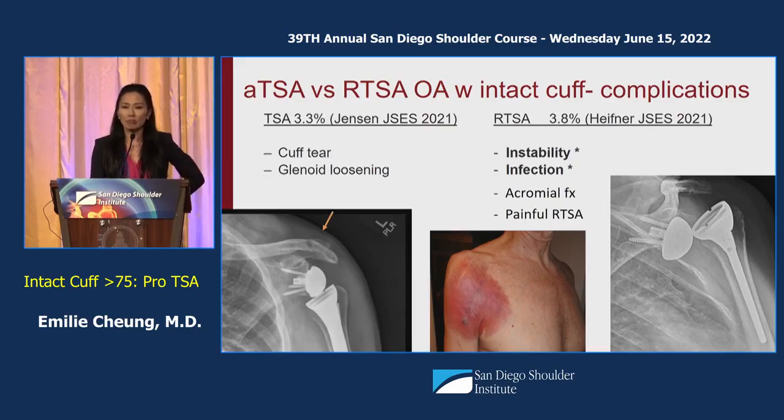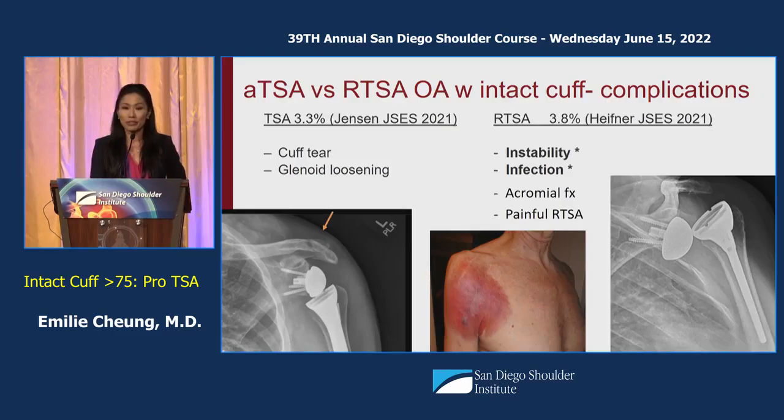Now, if we look at the complication profile for anatomics versus the complication profile for reverses, we know that the main reason for complication with an anatomic is long-term rotator cuff tearing or glenoid component loosening. Not all those patients will require secondary surgery, especially in this older patient population.